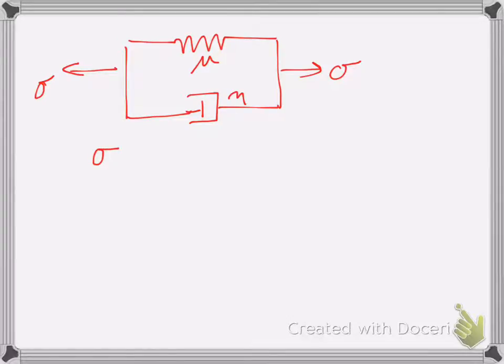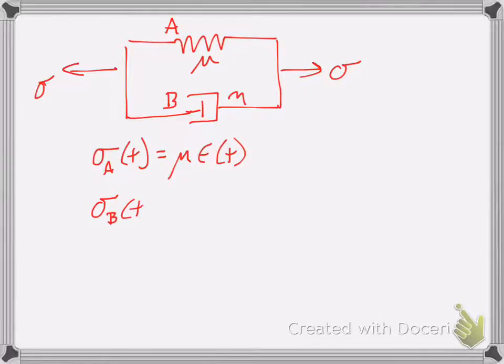The stress of, if this is our element A and this is our element B, the stress of element A through time, so our elastic element, is mu times the strain. The stress of element B, which is our viscous element, is equal to the viscosity times that strain rate.